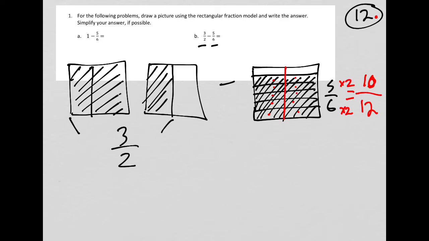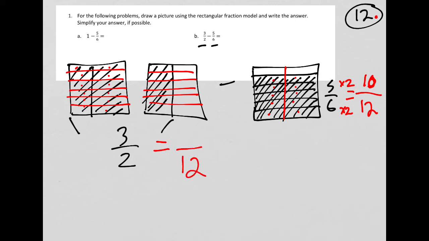Now my 3 halves I'm going to treat the same way, and I'm going to split into sixths. And the reason I'm splitting into sixths is because my other number is a denominator of 6. So I'm going to do 1, 2, 3, 4, 5, and 1, 2, 3, 4, 5. So now, instead of 3 halves, what I have is 1, 2, 3, 4, 5, 6, 7, 8, 9, 10, 11, 12.